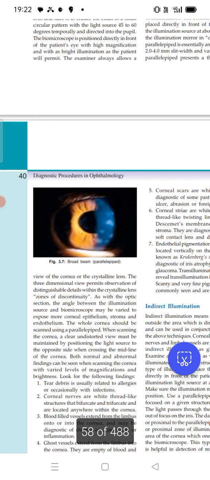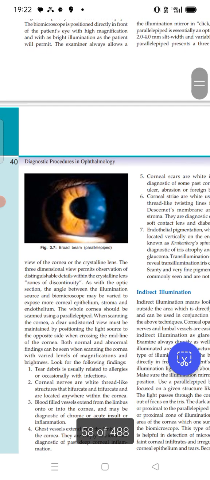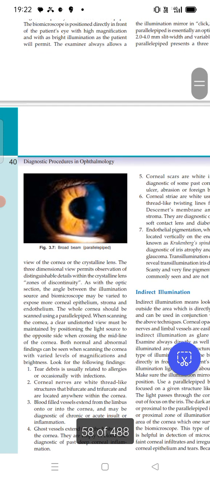The conical beam is actually like a point light source. Here the angle between the observation system and the illumination system can be varied, actually 45 degrees to 60 degrees we can keep. The beam should be a point light, the height and width kept very small.